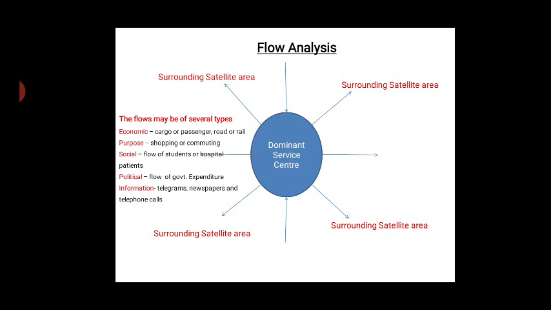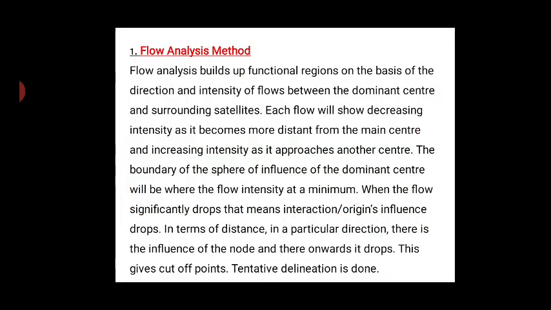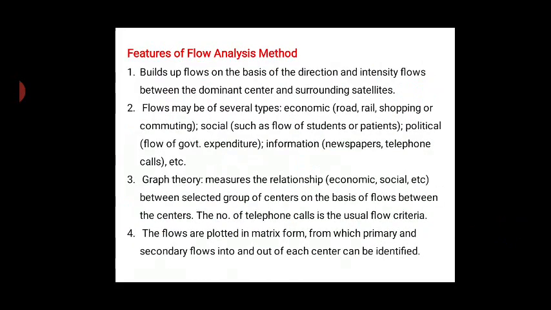The intensity of services gradually decreases as the distance gradually increases between the dominant service center and the surrounding area. With the help of this flow of services, we can identify the bounded area and delineate the regions. These are the explanation of the above diagrams.